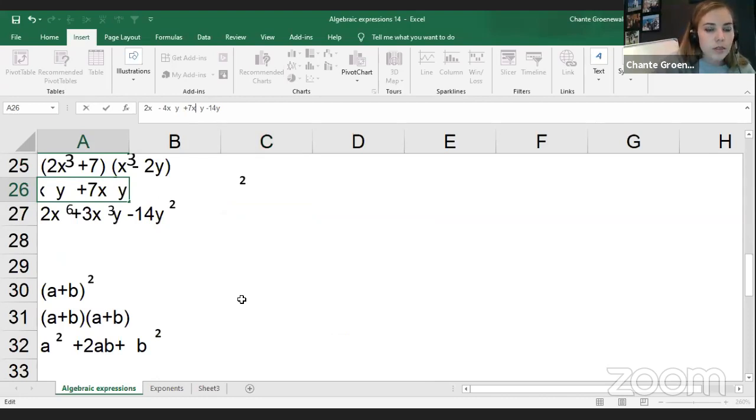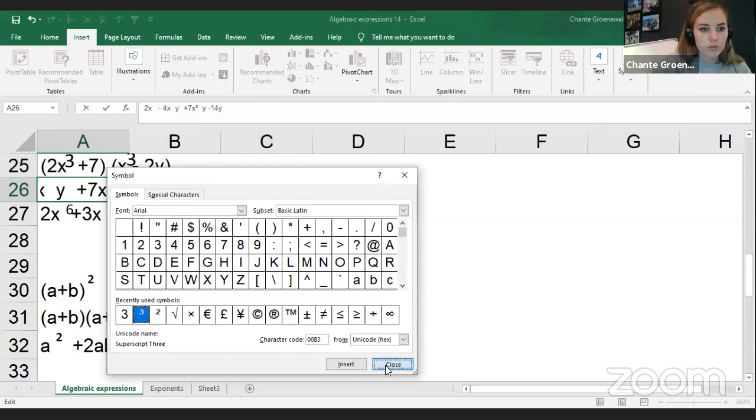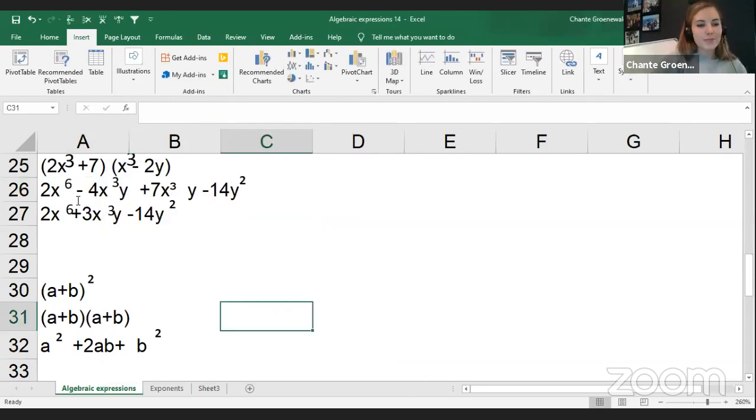Okay, doesn't want to do that, but that should be a 3. Do you understand? I don't know how to insert the symbol. No, there we go. It's going to be right now. There we go. No problem.